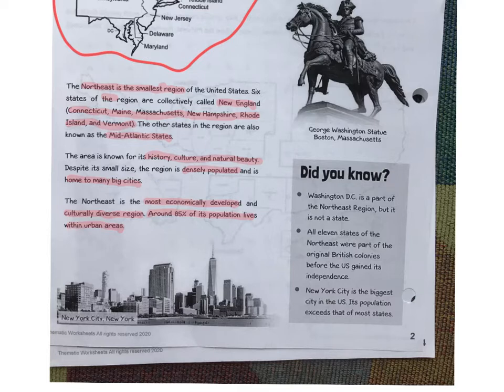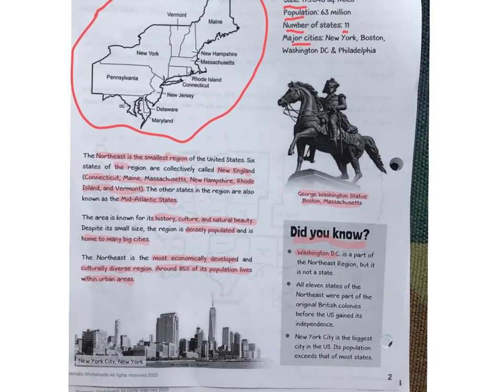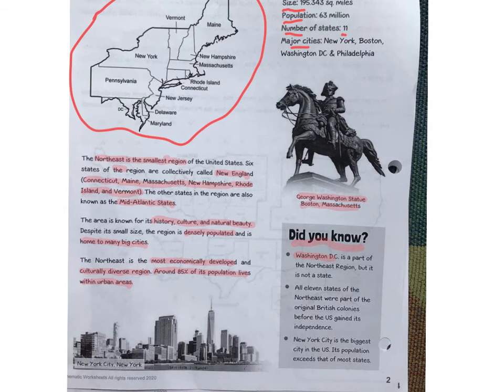They have a statue here. This is the George Washington statue, which is in Boston, Massachusetts. So if you went there, you could see that. And then they just have some cool facts down here. It says, did you know Washington, D.C. is a part of the Northeast region, but it is not a state. So if you look up there, it isn't labeled because it's not a state.